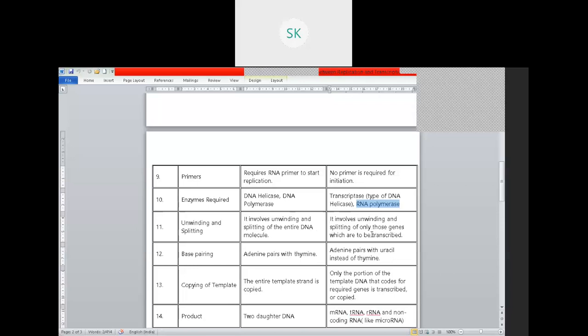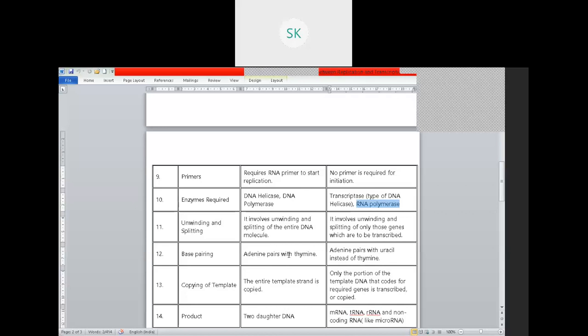That means a small sequence, a functional gene unit, will be unwound, and at that position RNA polymerase will be added at the promoter region, and it is useful for the formation of mRNA, and finally it will be detached. That means the entire DNA will not be involved in this process. Only a functional sequence will be involved.